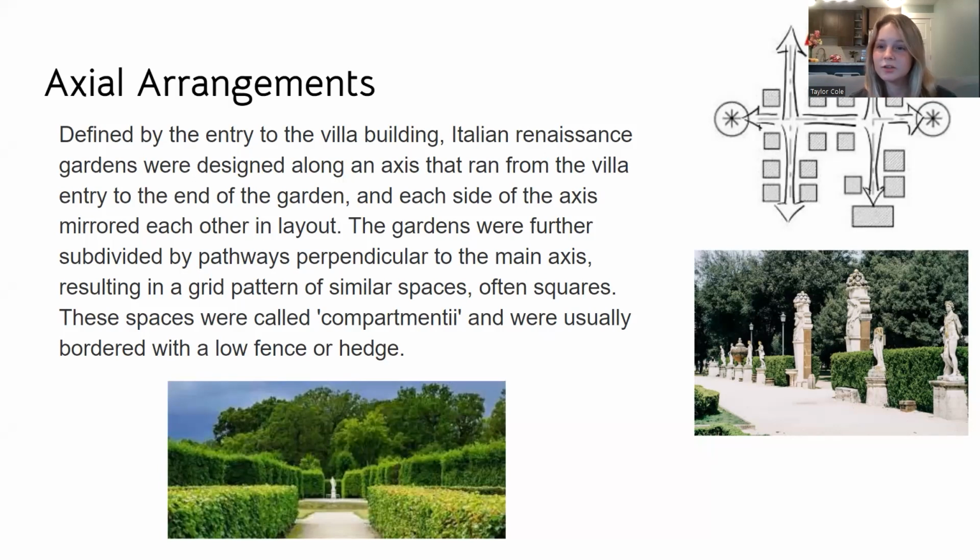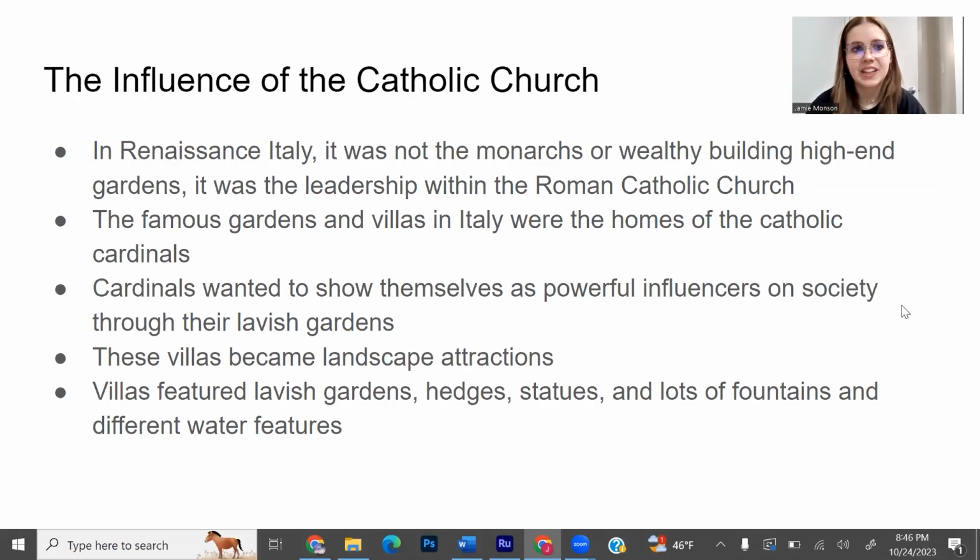These were usually symmetrical with a main start point, which was the exit of the building or the house to the end of the garden. And it was mirrored on both sides. Lots of hedges were used in this. That's how it divided, with square spaces, square hedges, and then very elaborate statues and other things to create interest in the garden.